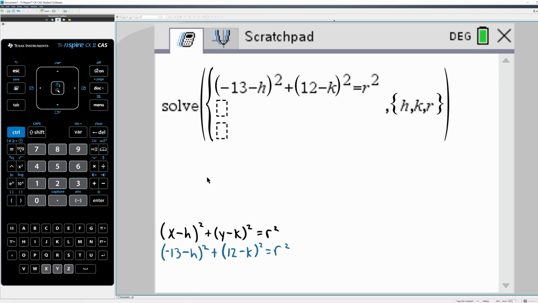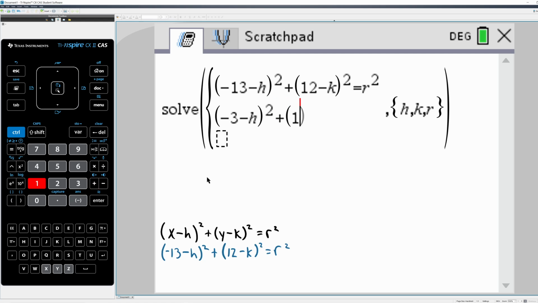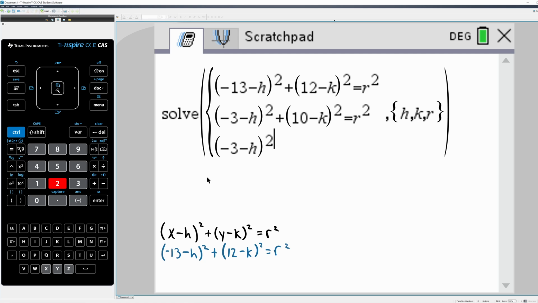So, negative 3 minus h quantity squared plus 10 minus k quantity squared equals r squared. And I believe the last point was negative 3, 12. Negative 3 minus h quantity squared plus 12 minus k quantity squared equals r squared.